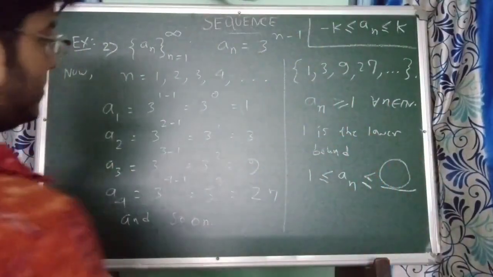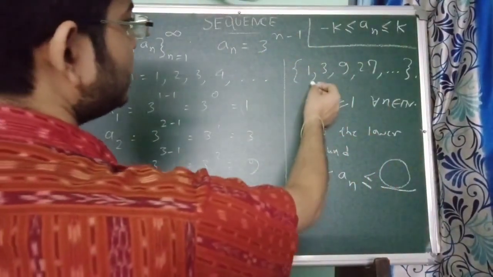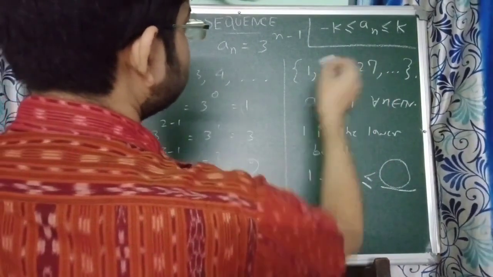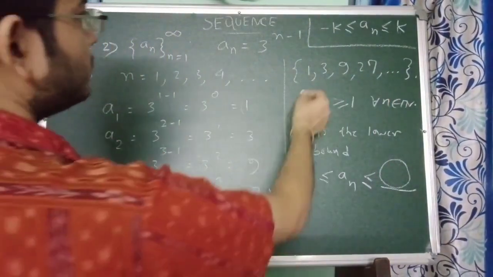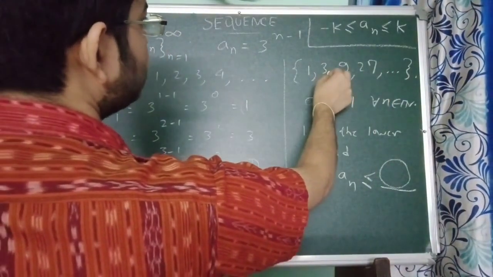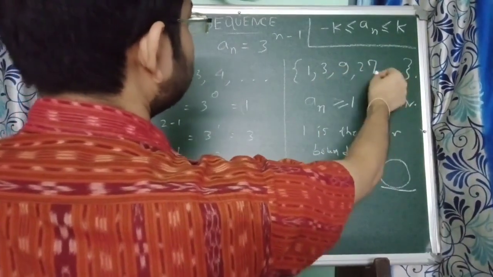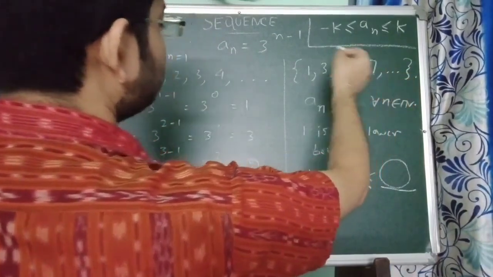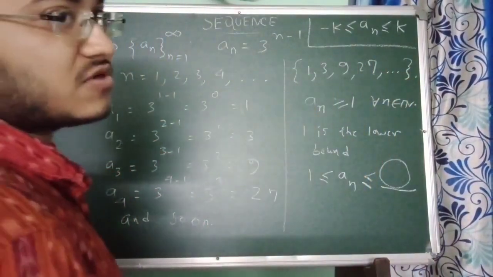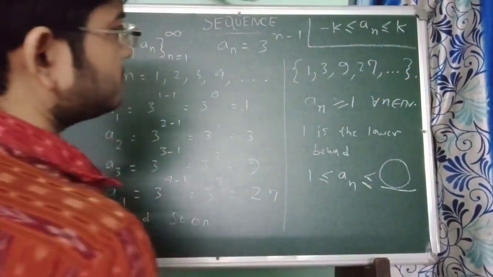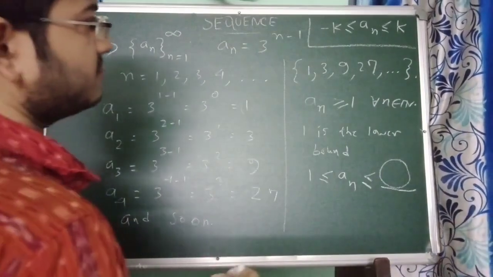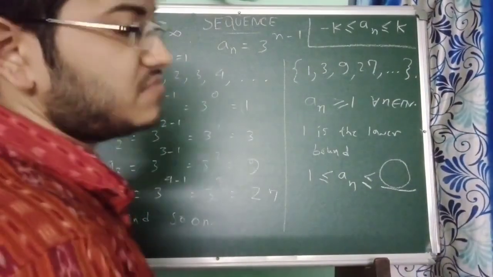Now here note that each time the number is increasing. 1 to 3 multiplied by 3, 9 to 27 multiplied by 3, and the next term is the multiplied form of the previous term. So in each case the number is bigger than the previous one.